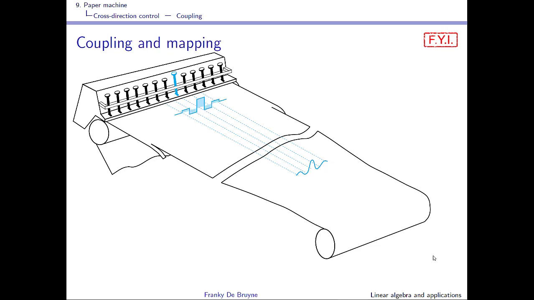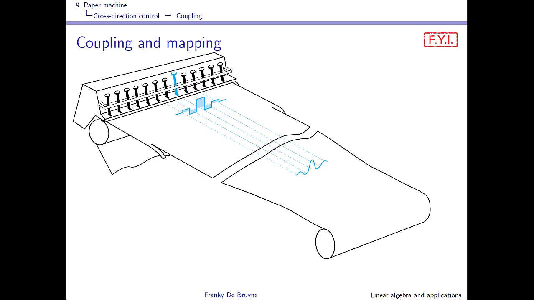Well, if you combine coupling and mapping, you have of course the measurement based profile that we have already seen, but then you obtain also an actuator based profile in which, well, each actuator gets a measurement. Okay, and you see that indeed the measurement that has been assigned to the blue actuator has increased, but you see also that the measurements assigned to the actuators that are right next to the blue actuator have decreased.